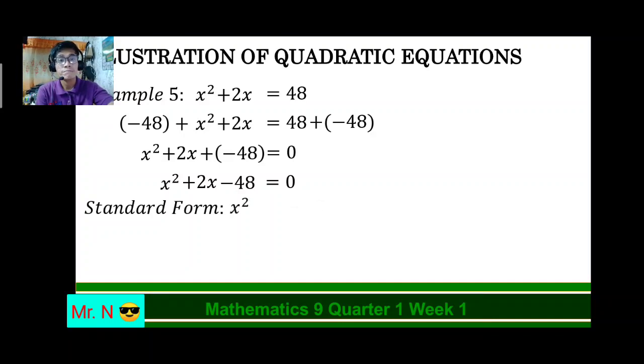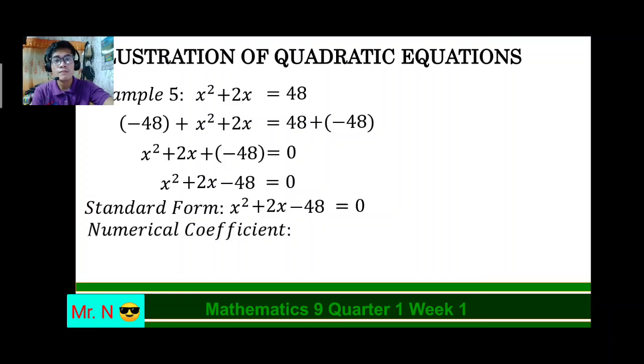Quadratic term, linear term, and then followed by the constant equal to 0. And now let's have the numerical coefficients, the values of a, b, and c. Once again, a can be found in the quadratic term, b can be found in the linear term, and c is the constant term, negative 48. So a is equal to 1, b is equal to 2, and c is equal to negative 48.